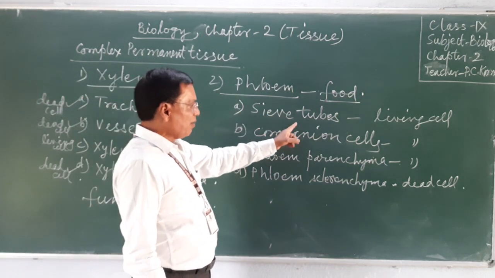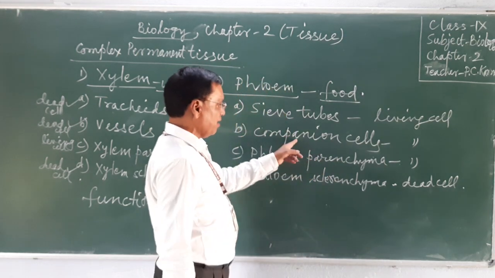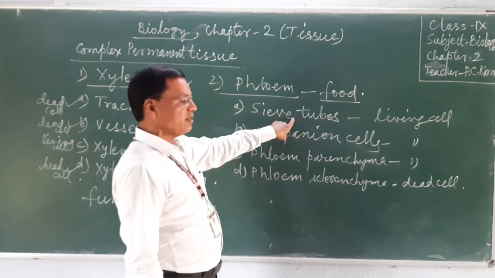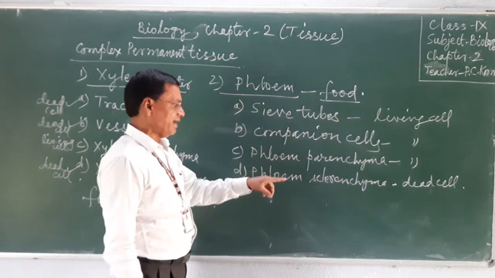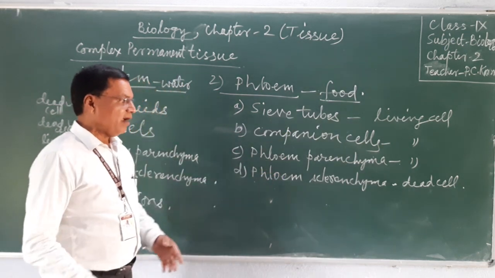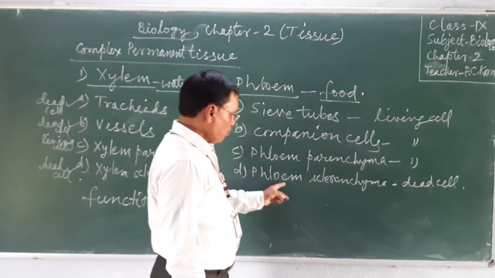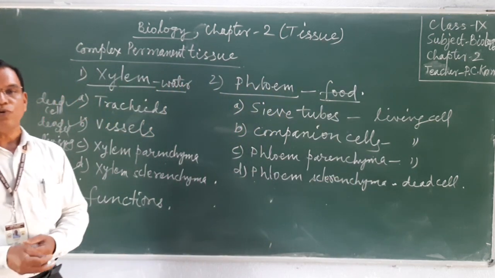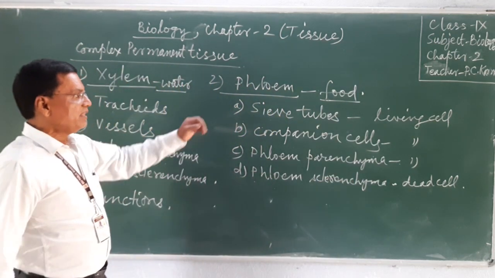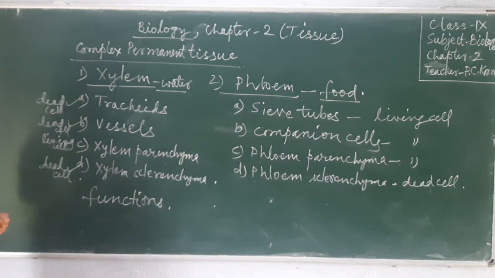Then come on companion cells. They are also helping. They contain nucleus. Sieve tubes do not contain nucleus because nucleus gets degenerated. Phloem parenchyma is also a living cell. Phloem sclerenchyma is a dead cell. It is also a source of fiber.